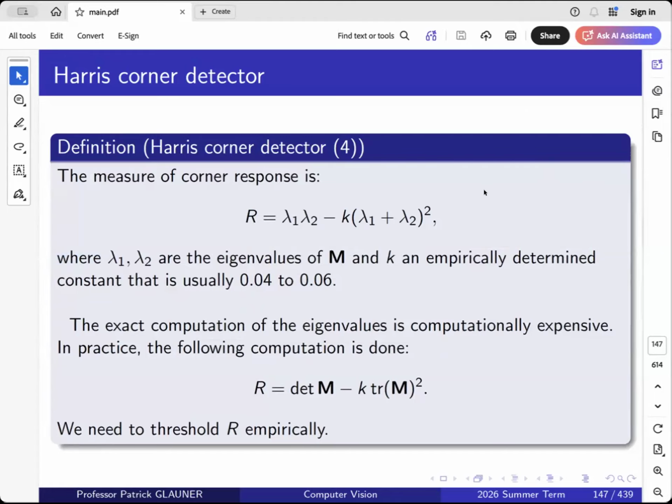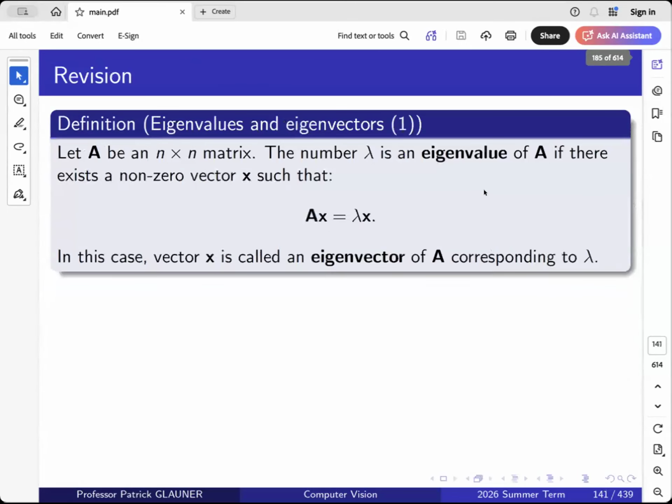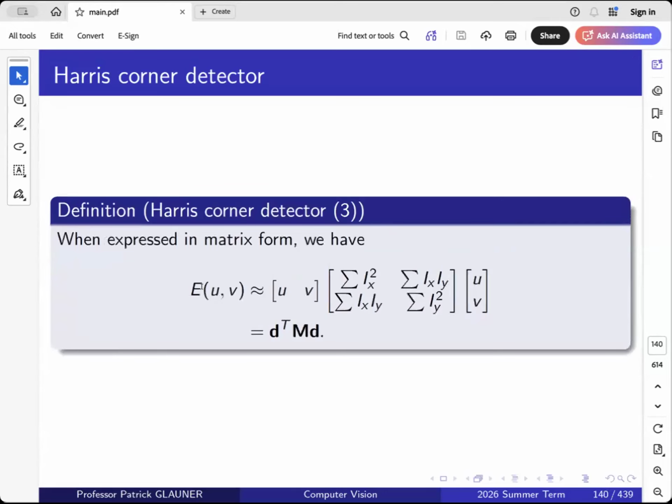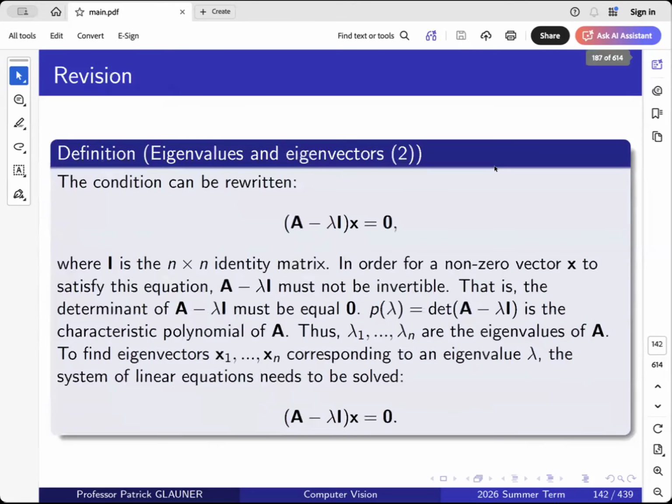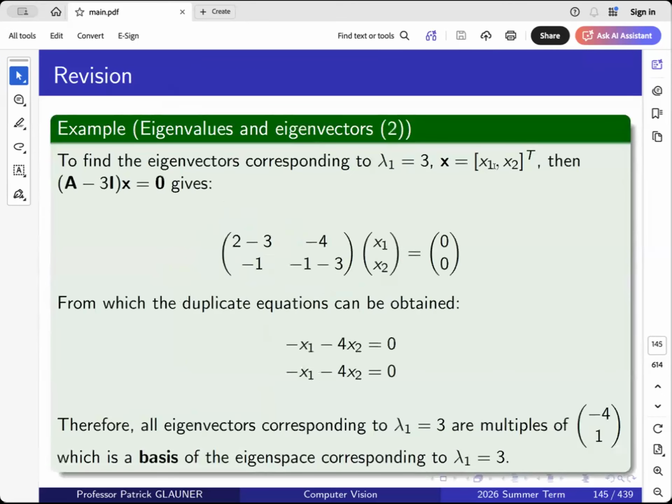And that means we have calculated this error the whole time, and this error was: we have a window and we shift the window a little bit. That's the error we calculated. To calculate the error, we finally found this matrix M, and then we calculate in this matrix M the eigenvalues for this shift of the window.